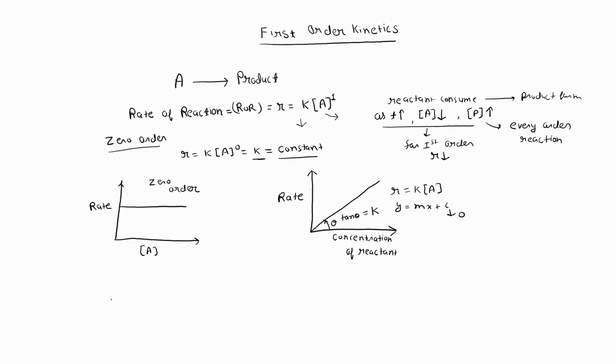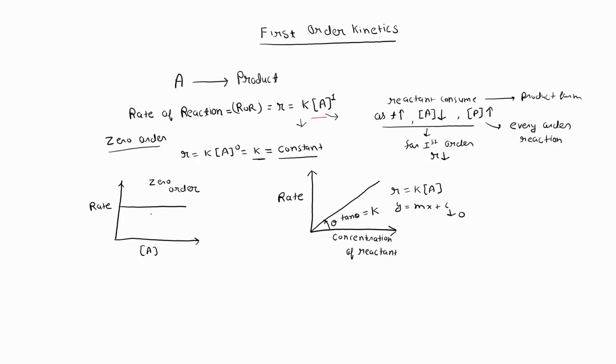In first order kinetics we have talked about how the rate is changing with respect to concentration, and if you see the rate of reaction equation, it is proportional to the reactant concentration. So if concentration of reactant decreases, then rate also decreases.